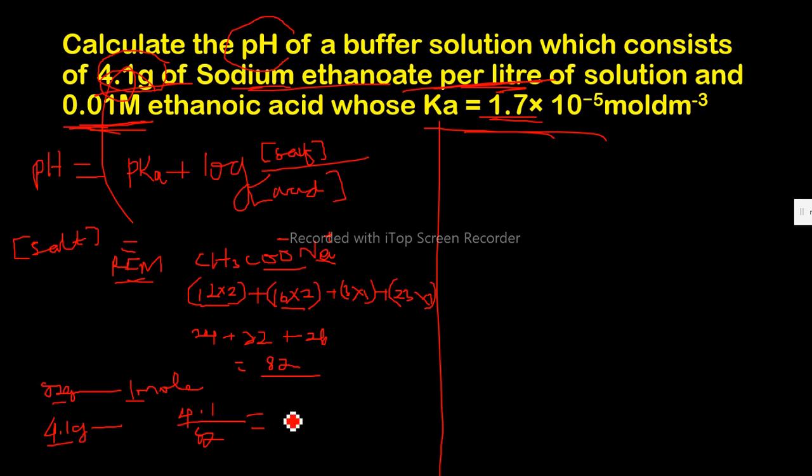We shall get 0.05 moles. But the question is, they dissolved 4.1 grams in 1 liter. So that means this is actually the concentration of our salt, sodium acetate, which is simply 0.05 molar, or you can say moles per liter, or moles per decimeter cubed.